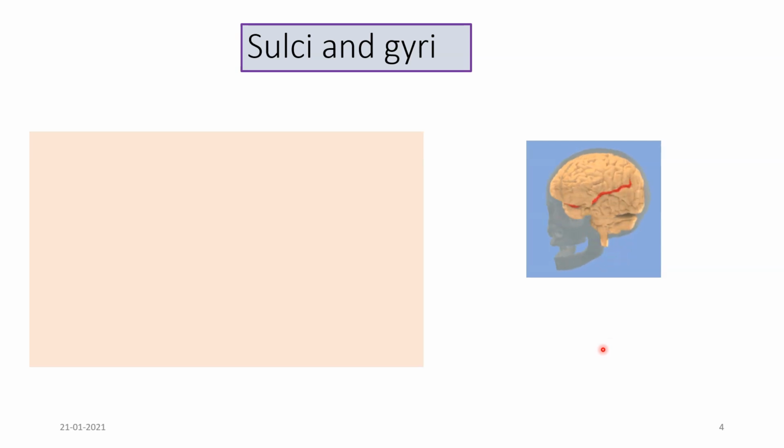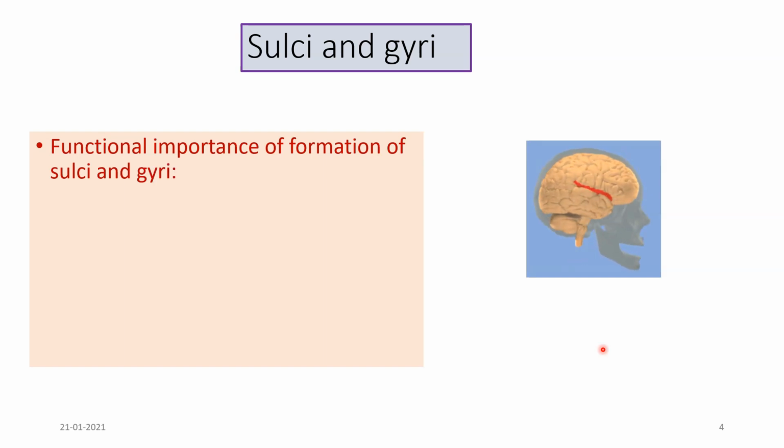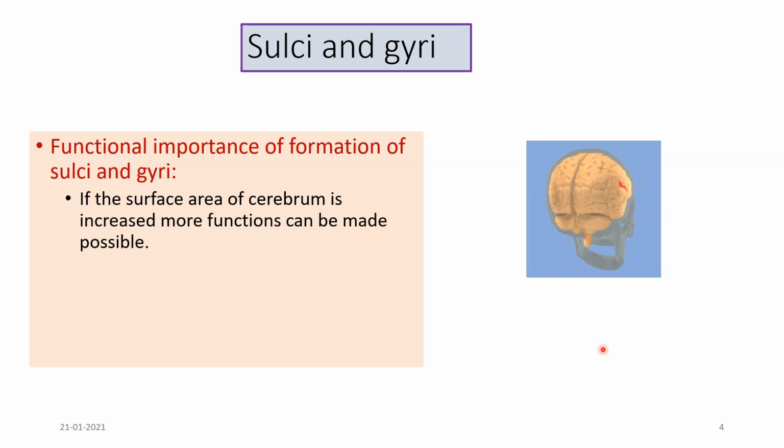Now let us see the functional importance of formation of sulci and gyri. If the surface area of the cerebrum is increased, more functions can be made possible. So the more the surface area of the cerebrum, the more the functions.